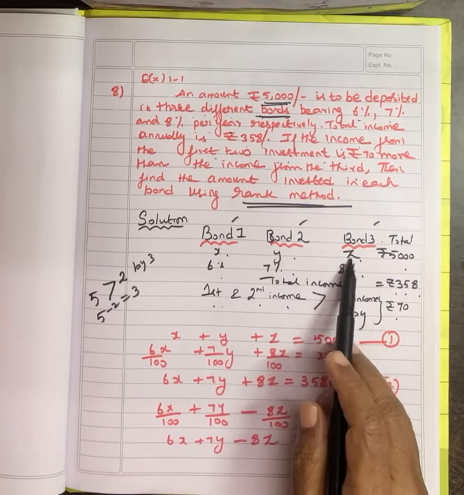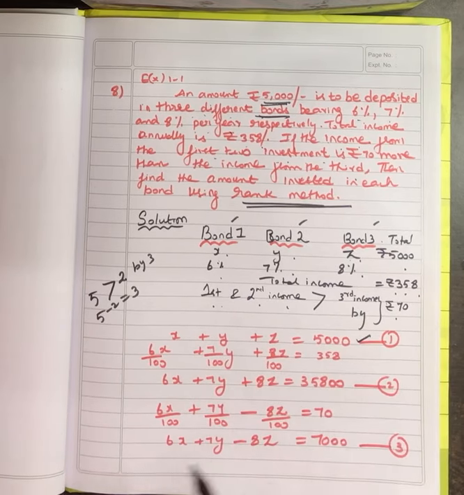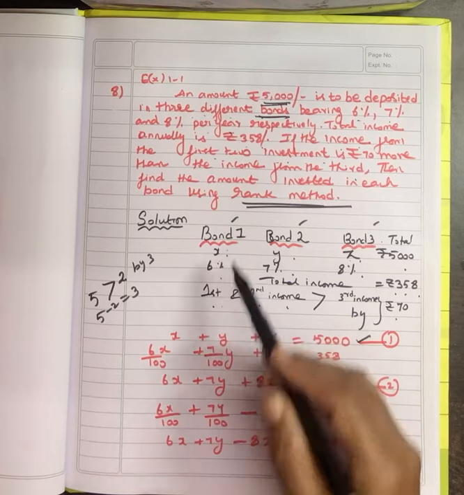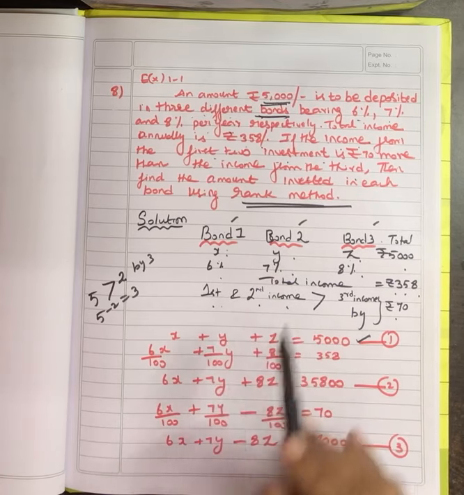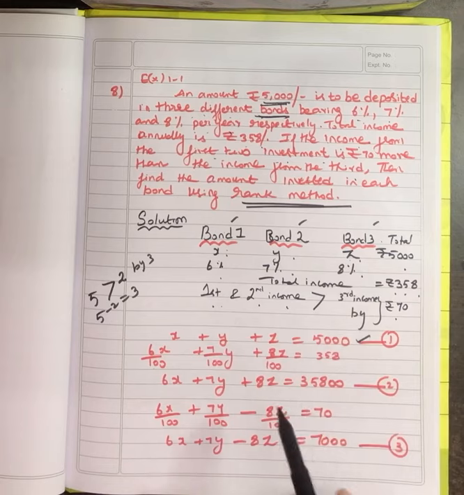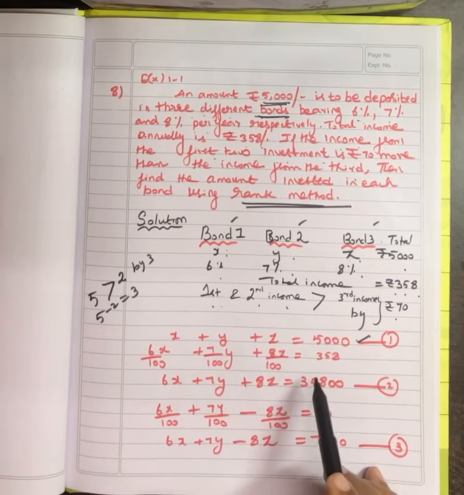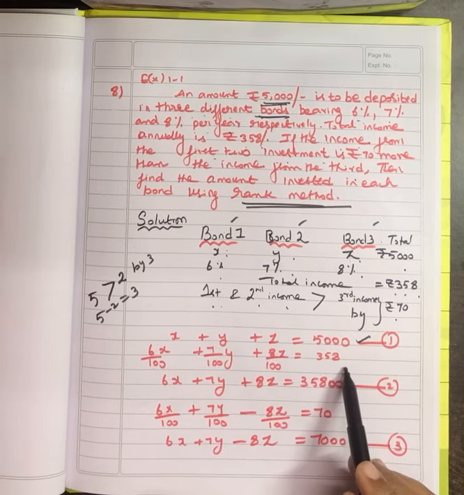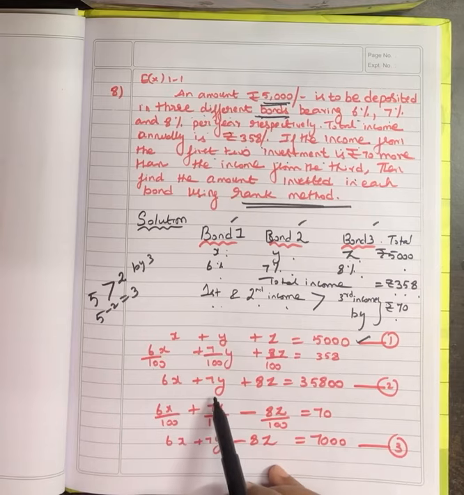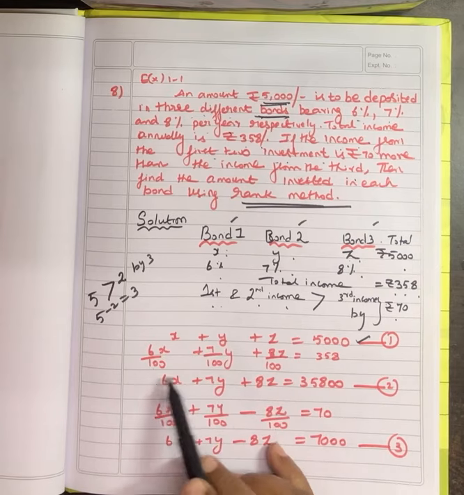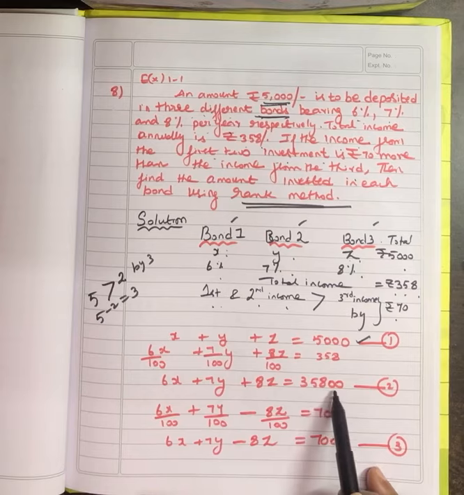X plus y plus z equal to 5,000. First equation. For the amount X we get 6%. For amount Y we get 7%. For amount Z we get 8%. Total income is 358. 6x plus 7y plus 8z equal to, multiply by 100, it is 35,800.